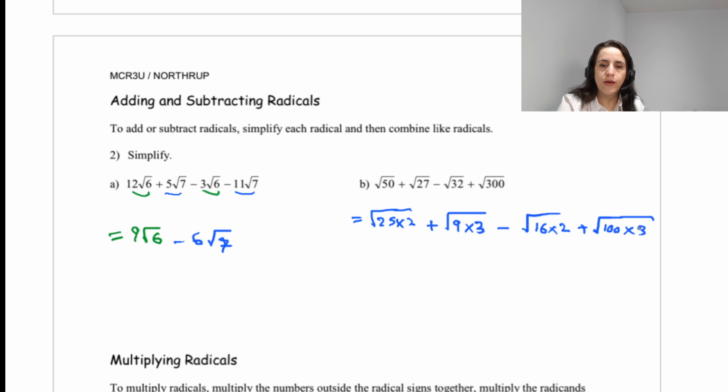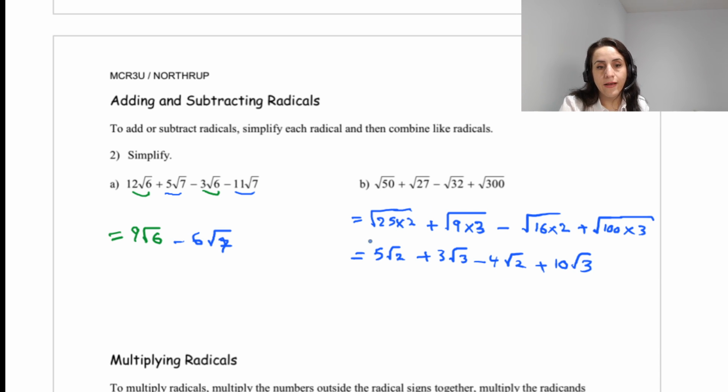Make sure that you keep the radical at the end of your last number. Here, I can write 5 radical 2 for this one. For the next one, I can write 3 radical 3 minus 4 radical 2 plus 10 radical 3.